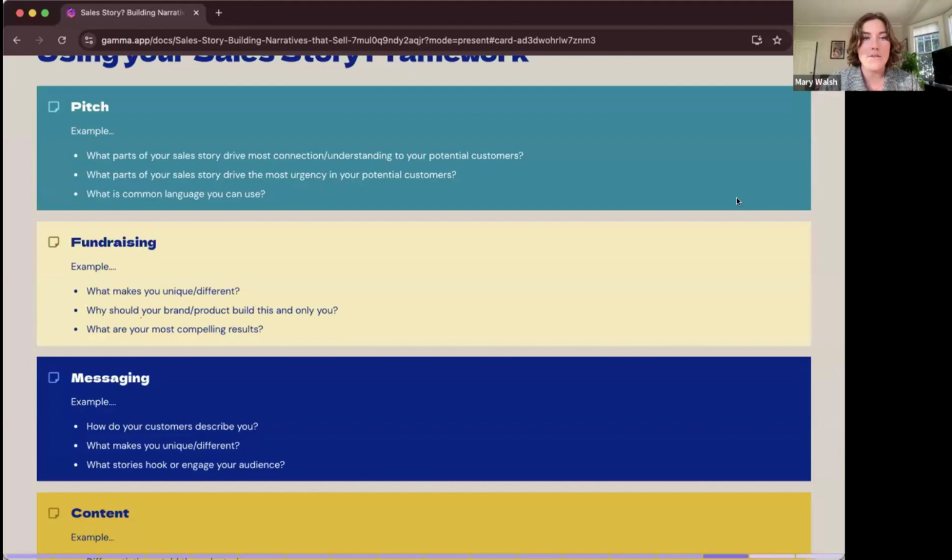How can you identify the problems and pain points they're experiencing and tell, through a story, how you can add value or help solve that? And with the pitch, as we already spoke on, the common language, the words you're using, is really important for the delivery of that. So that's around the pitch.